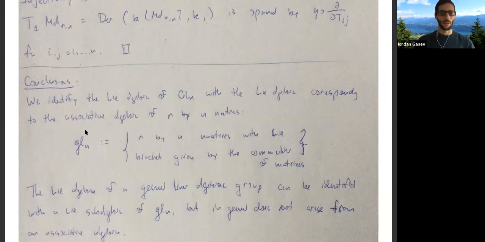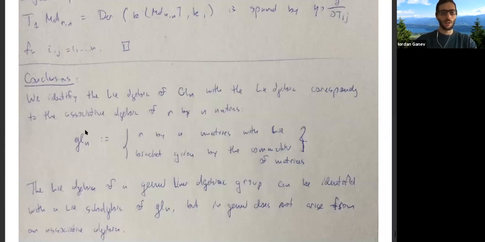It sounds kind of confusing when I say it, but it all kind of fits together. GL_n is n by n matrices, which, as we know, is an associative algebra, but we think of gl_n as the Lie algebra of n by n matrices with the commutator.